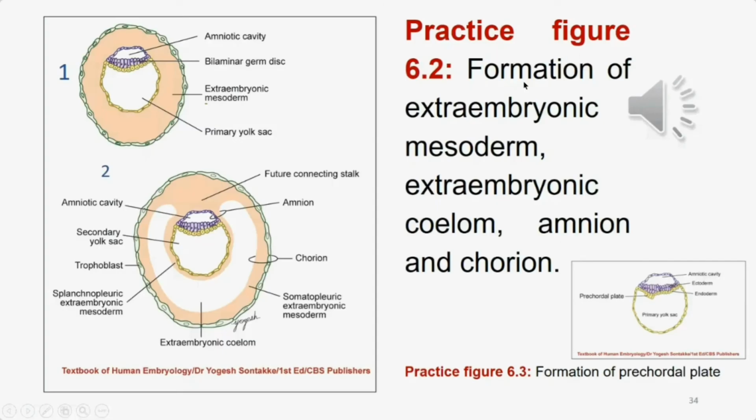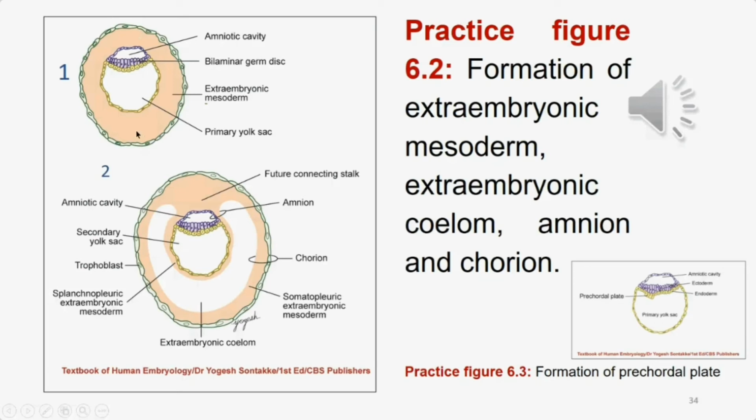Now the formation of the extra-embryonic mesoderm, extra-embryonic coelom, and the formation of the amnion and chorion. In embryology, these are new words to you. Here we can see, same as the previous one, the amniotic cavity, primary yolk sac, and bilaminar disc, and the surrounding extra-embryonic mesoderm.